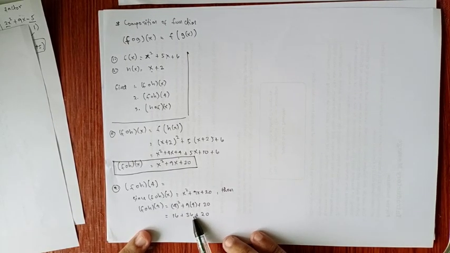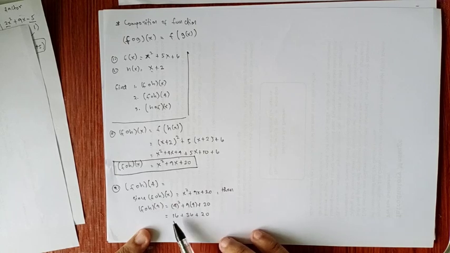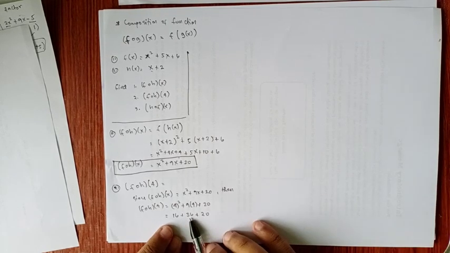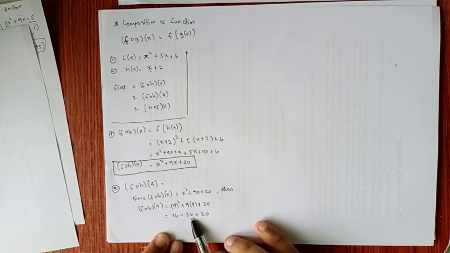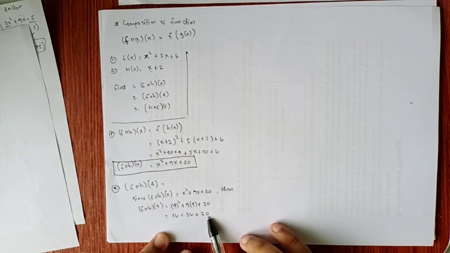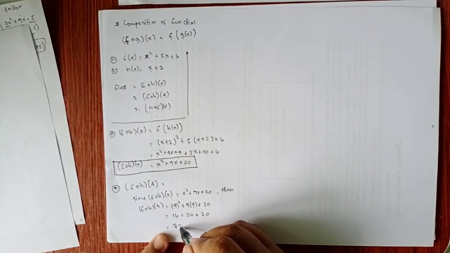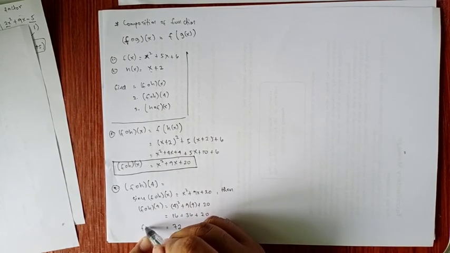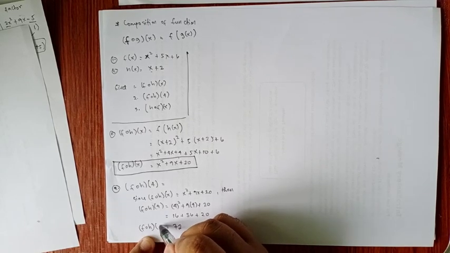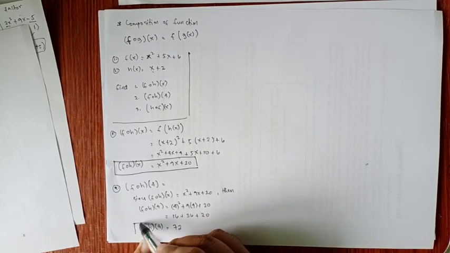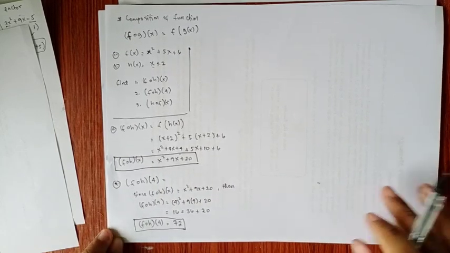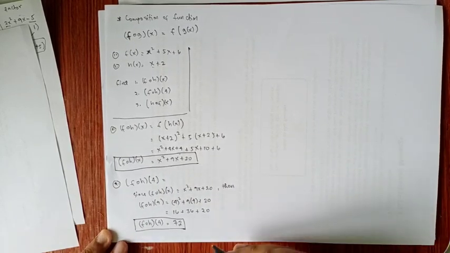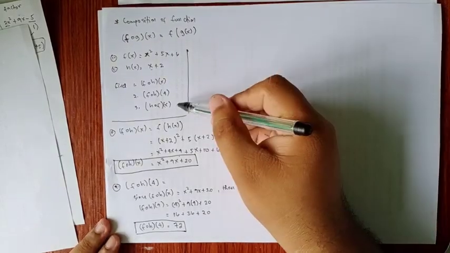So, 6 plus 6, 12. 1 plus 3, 4. So that is 52. Tama ba? 52. 16 plus 36, 52 plus 20, 72. So, f circle h of 4 is 72. Ganun lamang siya kadali. So, I hope you understand that one. Okay, last, let's have this one.